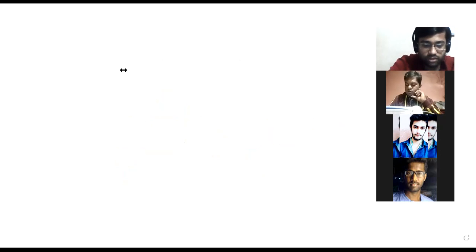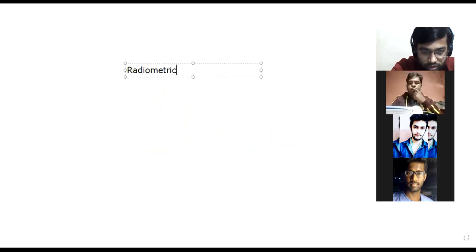Okay. Third one is radiometric resolution. Radiometric resolution.